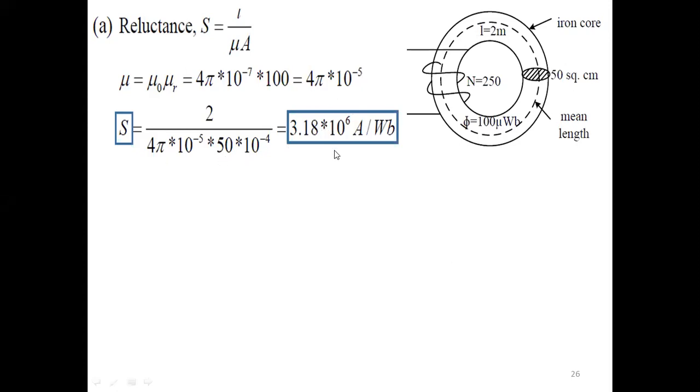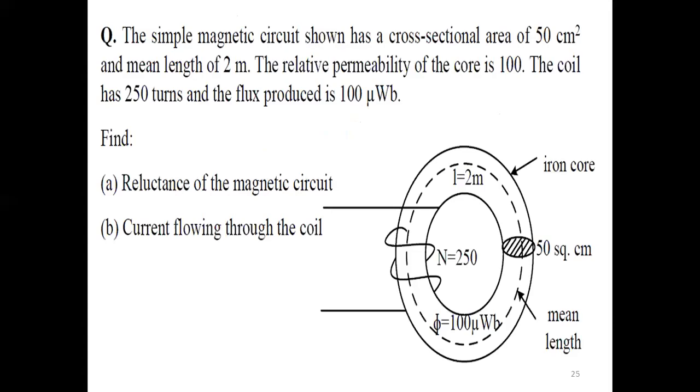Now you were calculating the current. Next, what is the second question? You have to calculate the current flowing through the coil here now. Simple. What do you mean by MMF? MMF equal to phi into S, flux into reluctance. Flux is given here, flux produced.